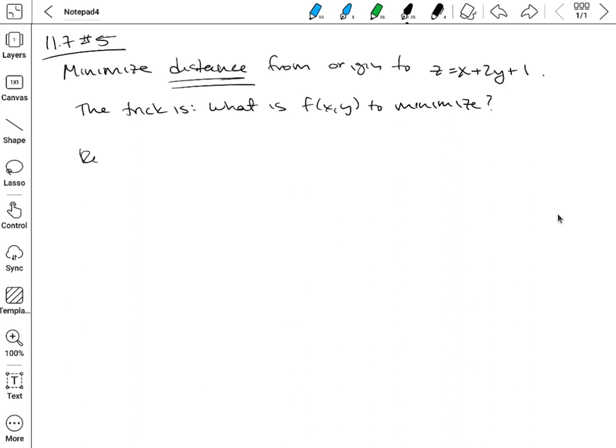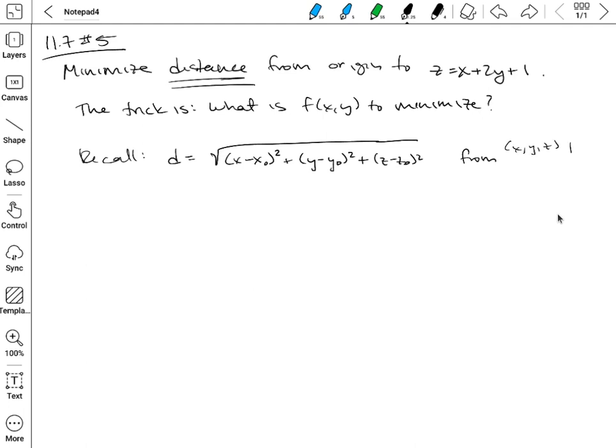So we need to remember the distance formula. It's the square root of the sum of differences. So x minus x0 squared plus y minus y0 squared plus z minus z0 squared. And that's going to be your distance from xyz to x0, y0, z0.